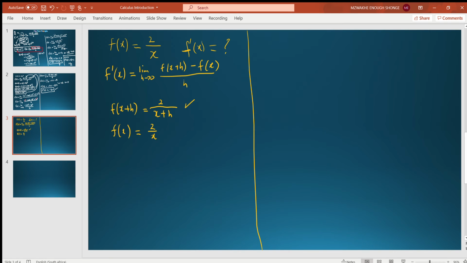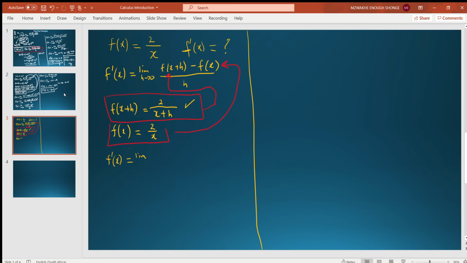Then you're going to substitute these values into the equation. You substitute this on f of x plus h, and you substitute your f of x in f. So on the next step we will say f prime of x equals the limit as h tends to 0.